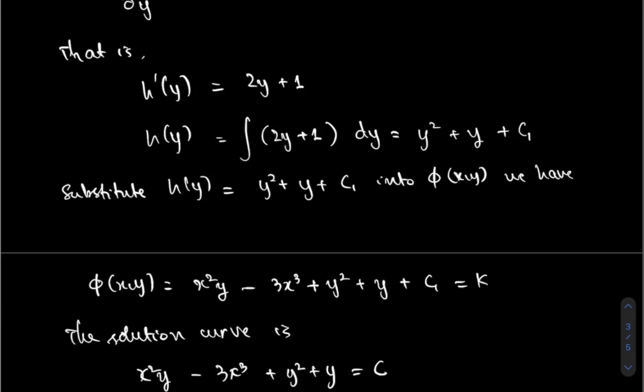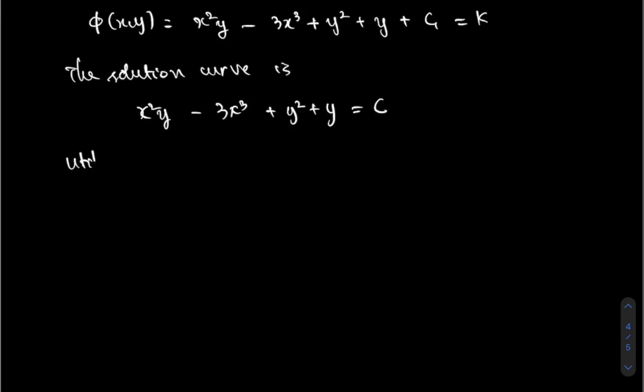You can find the particular solution to this differential equation using the initial condition given in the problem. So I want to utilize the initial condition y of 0 equal to negative 3. That means the input value x equal to 0 and the output value y is equal to negative 3.